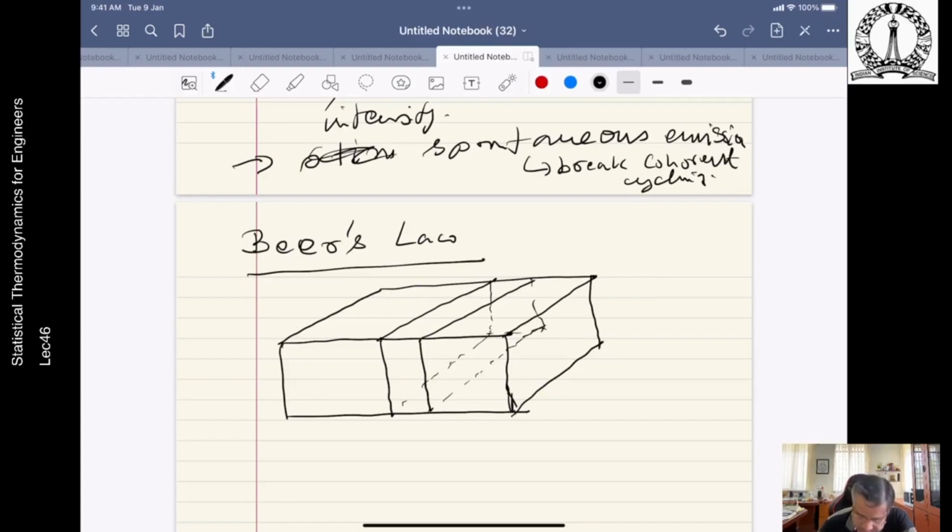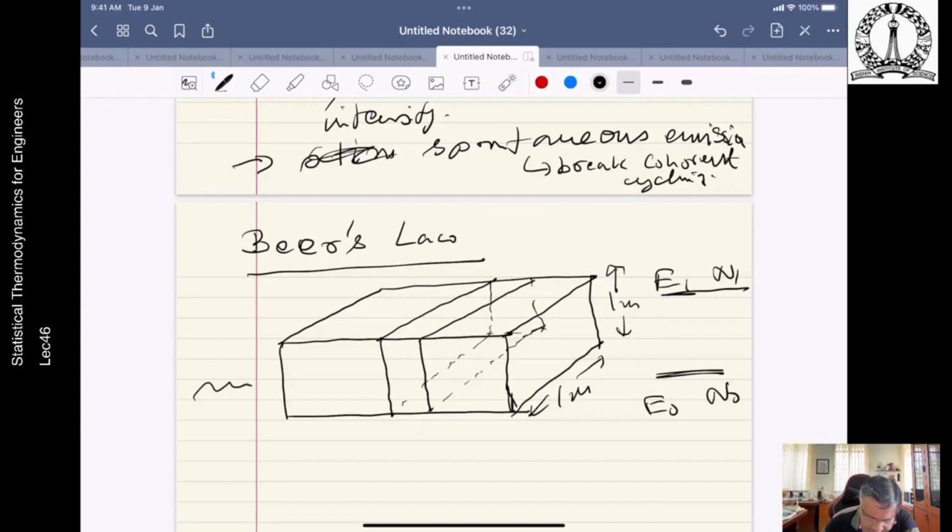This is like a 1 meter by 1 meter cube, and there are two energy levels, 0 and 1, and there is radiation which is coming at this.